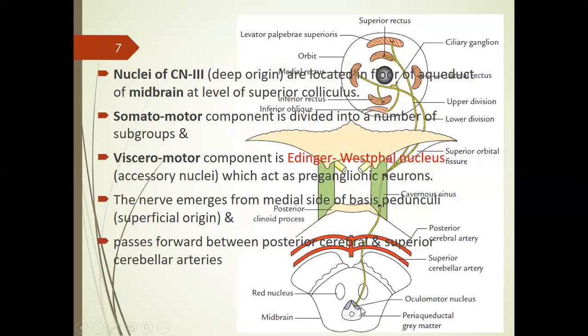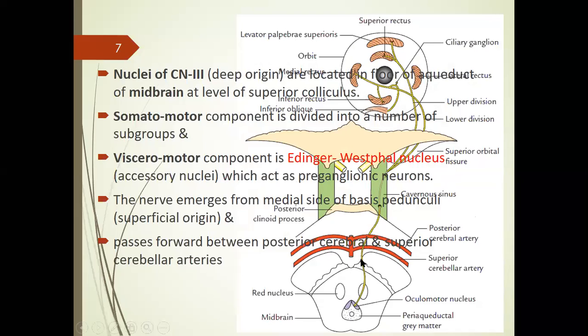So oculomotor nerve, the nucleus is situated in the periaqueductal gray matter ventral to aqueduct of Sylvius, and the somatomotor component is divided into a number of subgroups of cells or nuclei, and visceromotor component is Edinger-Westphal nucleus. It is also called accessory nuclei of cranial nerve 3. It acts as a preganglionic neuron.